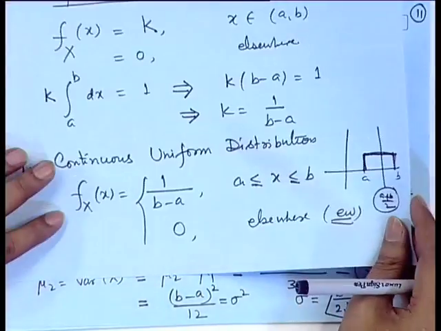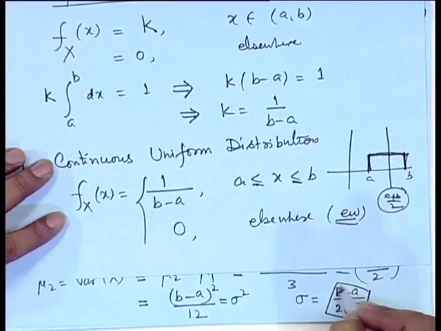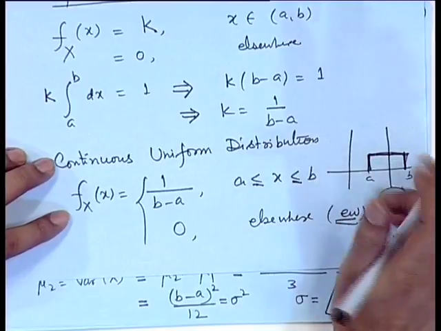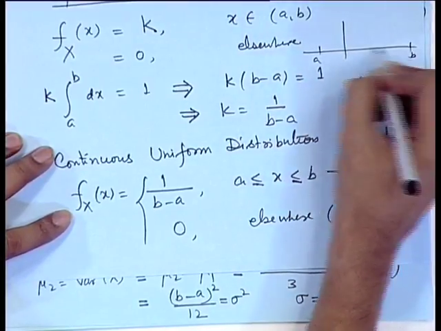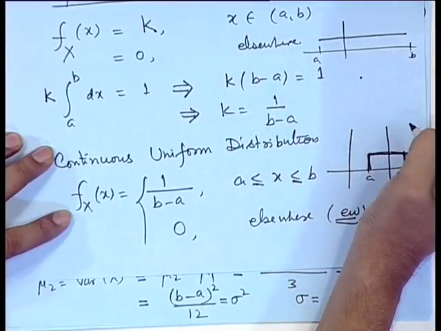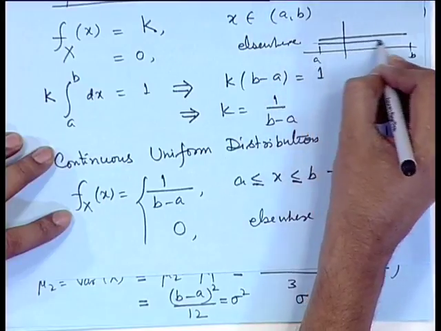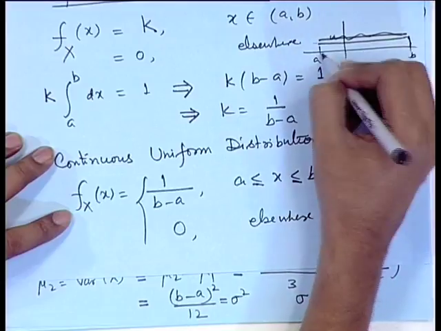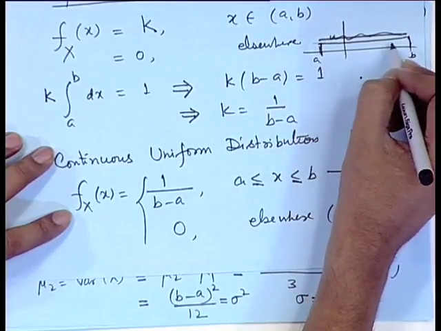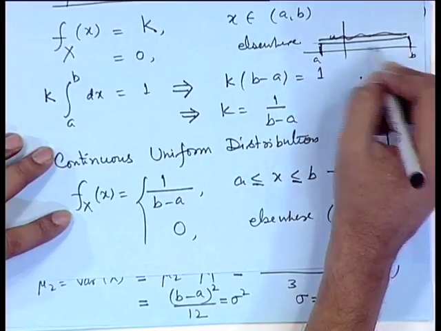However, if b and a are far apart, that means b minus a is a large number, then the variability will be high. For example, if you have too much flatness from a to b, the value 1 by b minus a will become much smaller when you plot it. So, that shows that the variability increases if the range of the distribution increases.